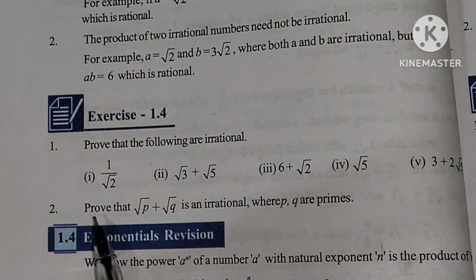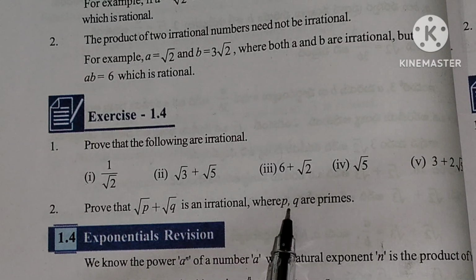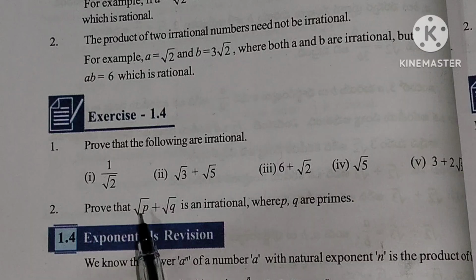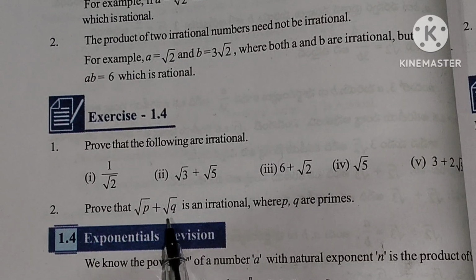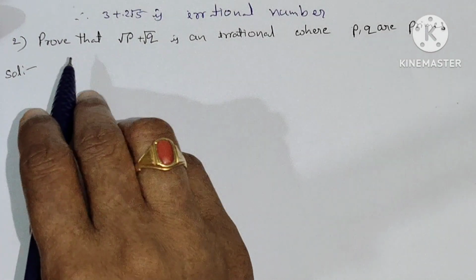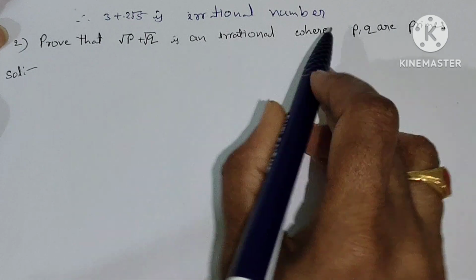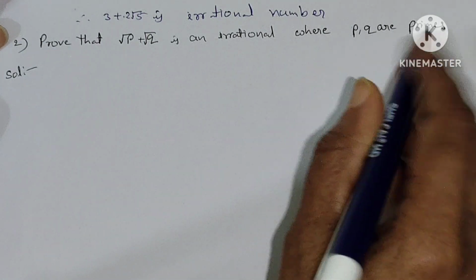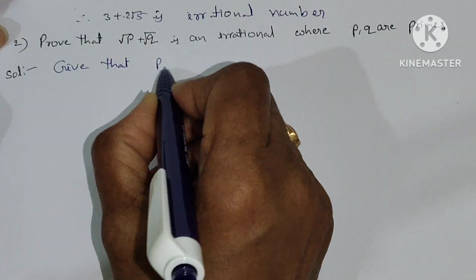Next, the second one: prove that root p plus root q is an irrational number, where p comma q are the prime numbers. So we prove that root p plus root q is an irrational number. Here given that p comma q are the primes.